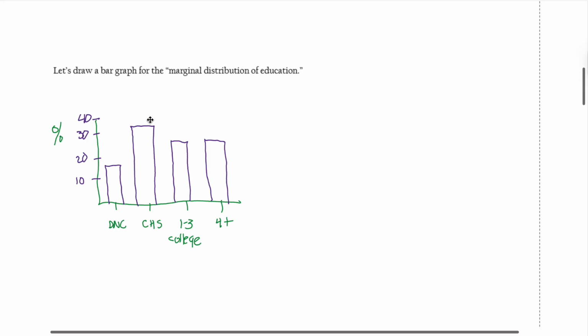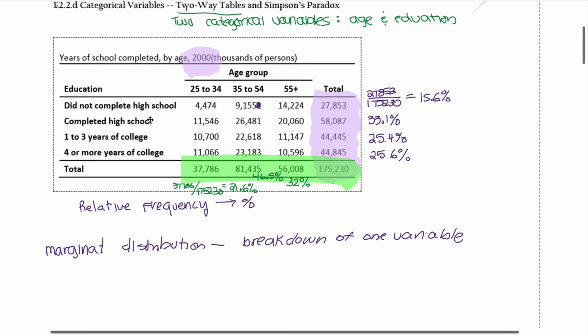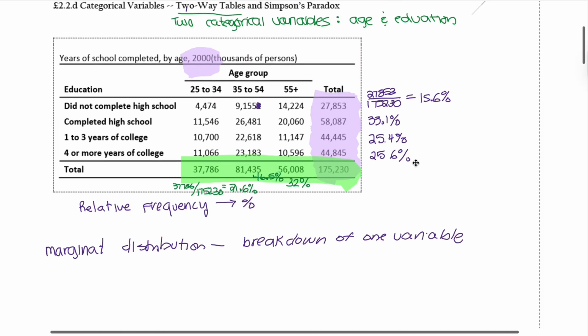So let's draw a bar graph for the marginal distribution of education. In here, we already calculated how people of the different education levels completed fall into what age groups.